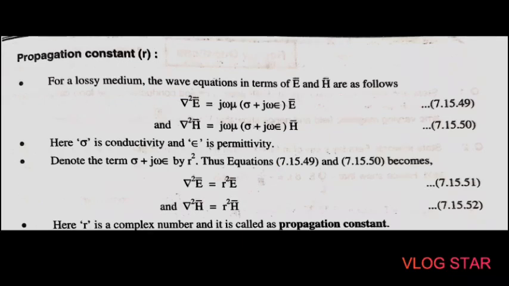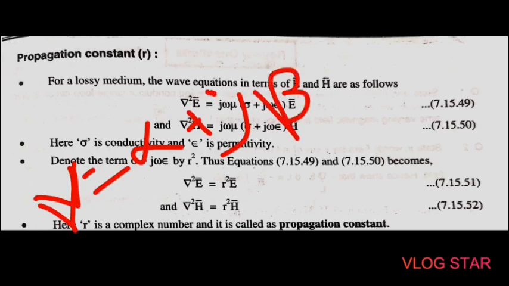Since γ is a complex number, it can be expressed as γ = α + jβ, where α is the real part and β is the imaginary part.